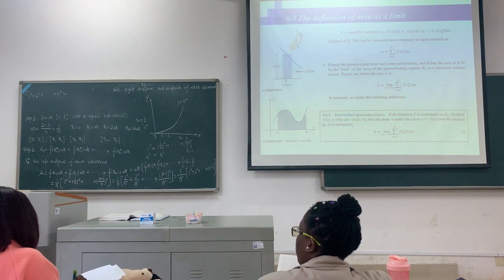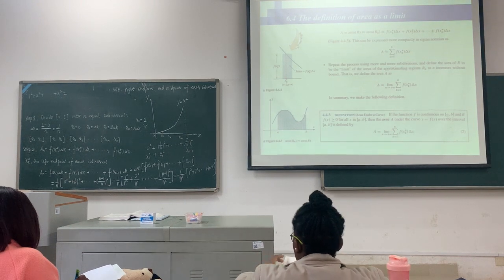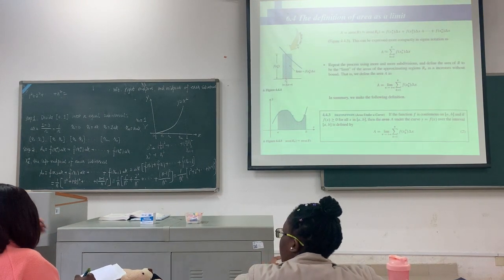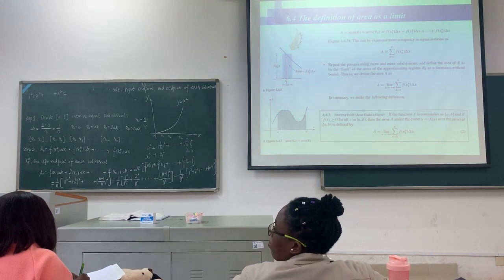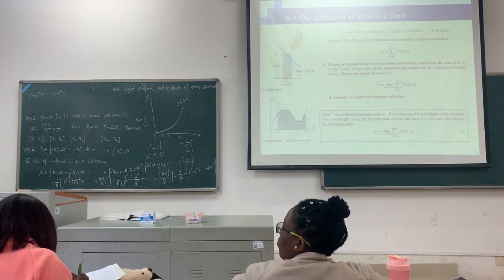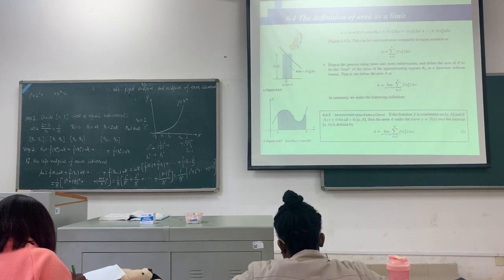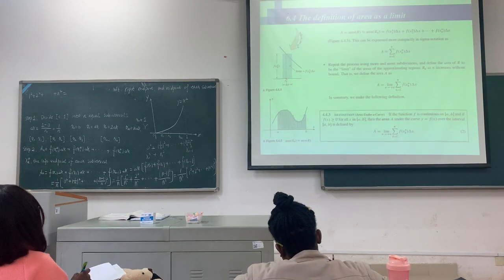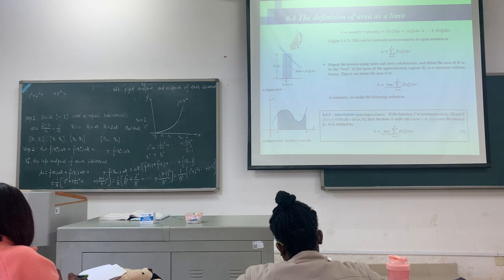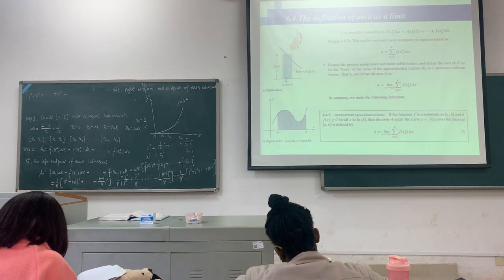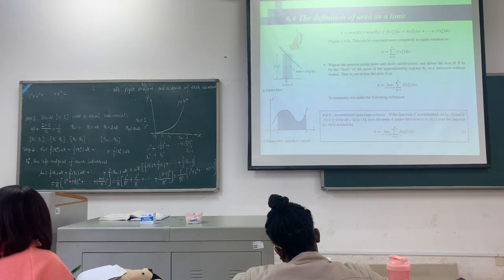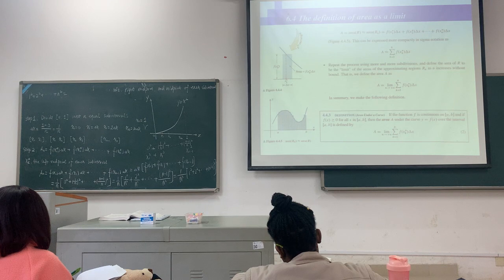So you here is empty. So you, yeah. Stand up and answer me. So 1 squared plus 2 squared plus n squared equal to what? So you here is also empty. So you, yes, stand up.